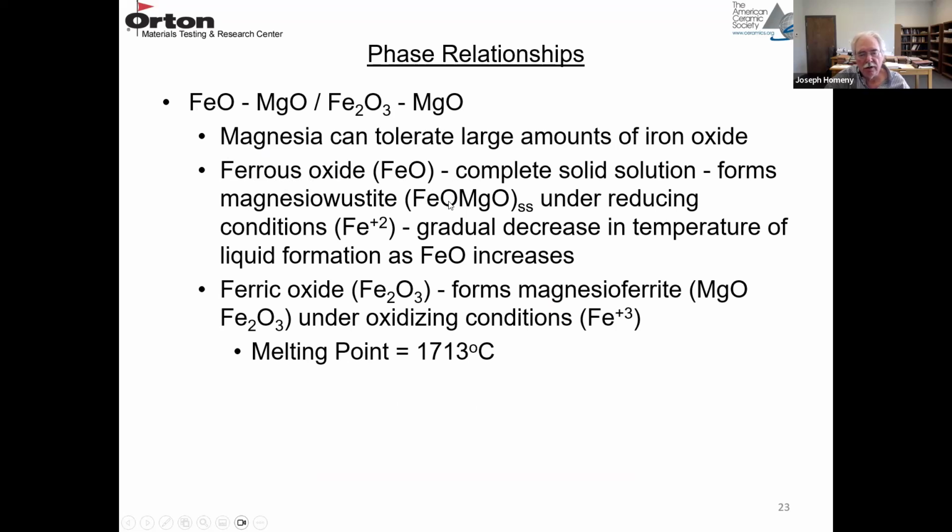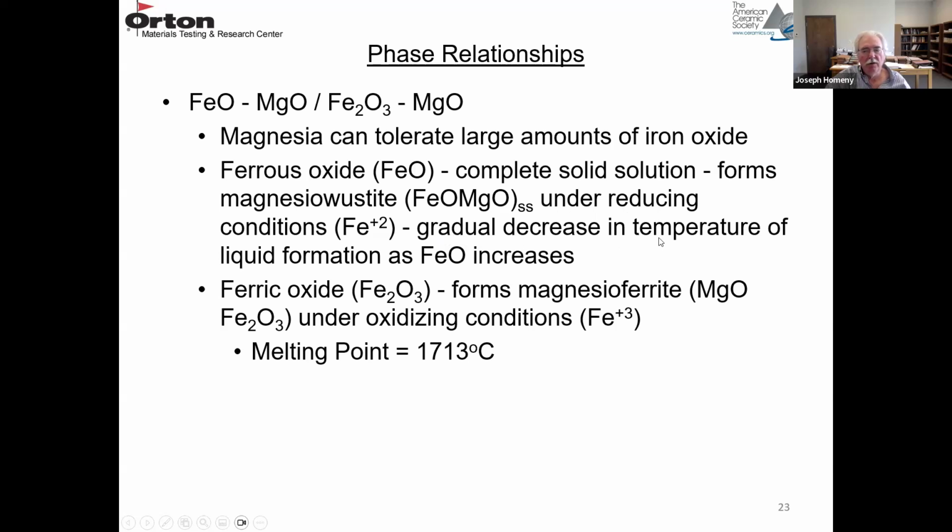So the solid solution is FeO-MgO, and FeO is created under reducing conditions. And this solid solution is magnesiowustite. So the Fe is in the +2 ion. So it can tolerate a lot of FeO in solid solution.